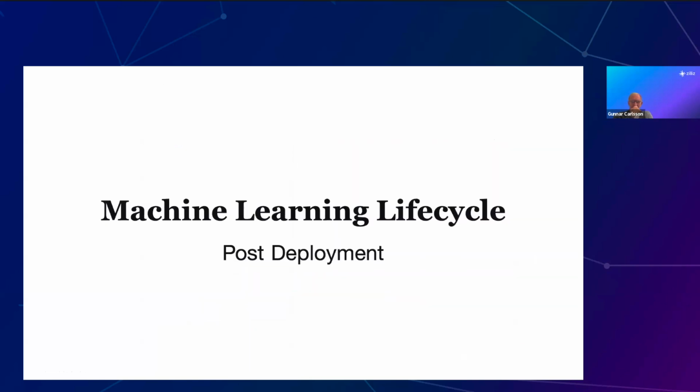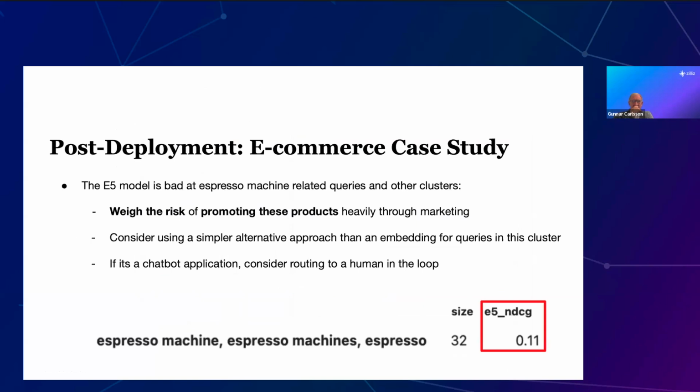Next part of the life cycle is post-deployment. So we had identified in this case study, in this data set, for example, that espresso machine queries performed very poorly. And we surfaced that information, and that told us something novel that the average performance across the whole data set did not. Now, in production, models don't operate in isolation.